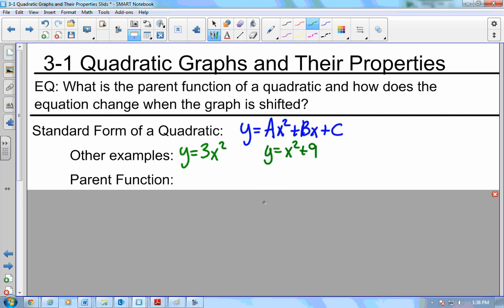That's still a quadratic, because the highest exponent is 2. Another one, we could even have a trinomial. As long as that highest power is squared, then it's a quadratic.